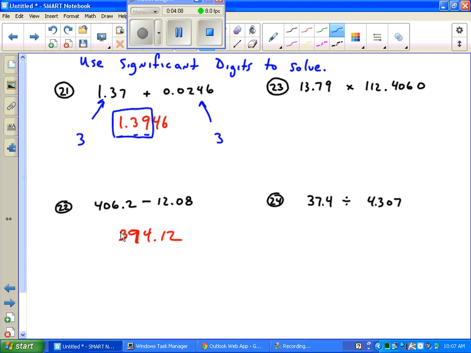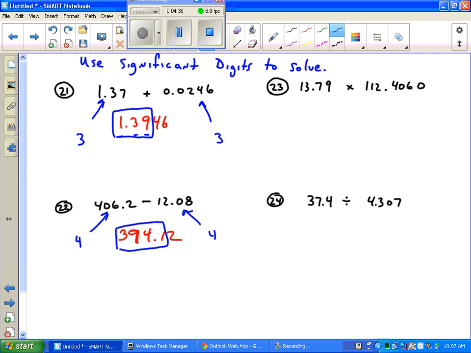The first number has 4 significant figures because the 0 is between 2 numbers. And the second number, all 4 of those are also significant because the 0 is between 2 non-zero numbers. So our answer has to have 4 significant figures, the first 4 numbers, 394.1.